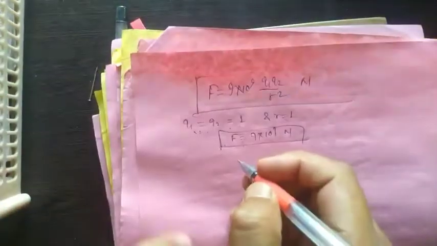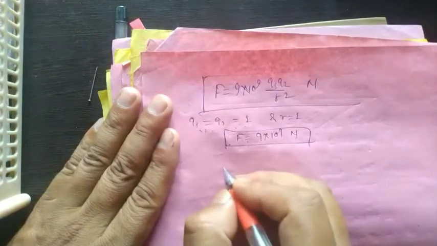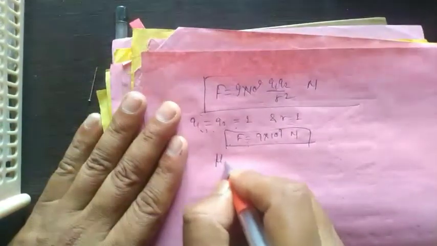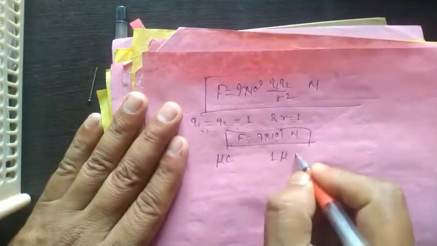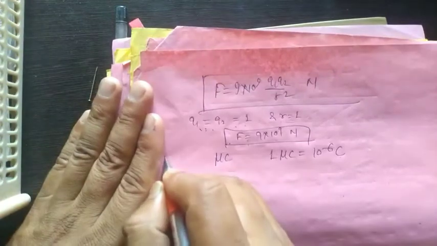Now the electric charge also has a smallest unit, which is the microcoulomb. 1 microcoulomb equals 10 the power minus 6 coulomb.